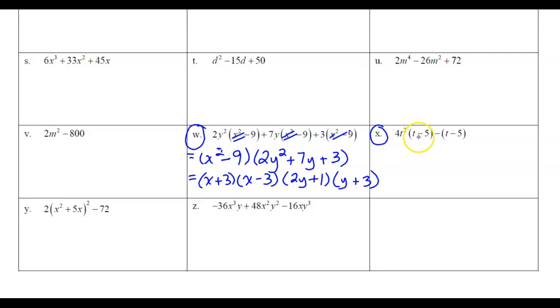Okay. Next one, take a look. Brackets are the same again. So if I factor out t minus 5, I'm left with 4t squared minus 1. It's understood to be a 1 there.